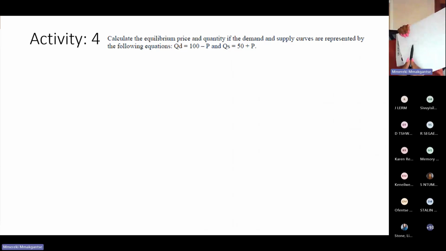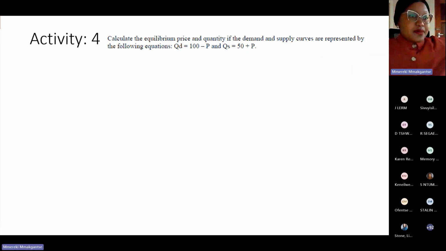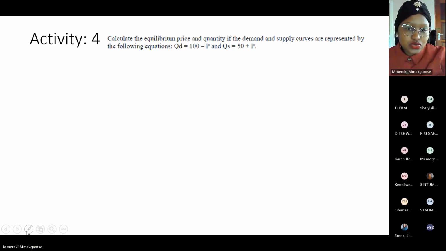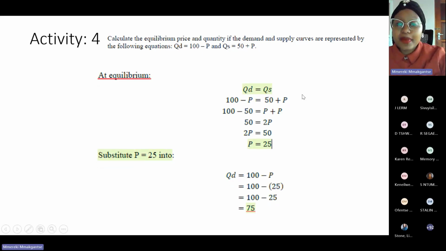Okay, I think I'll just put it here on the slides. So remember, we equated them to each other. Our QD is 100 minus P and QS is 50 plus P. Remember, Brian.